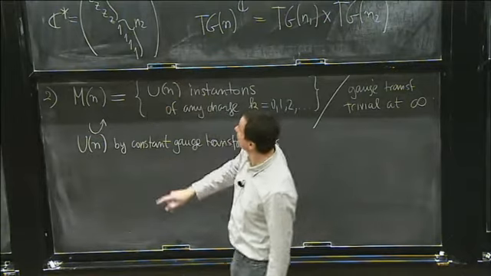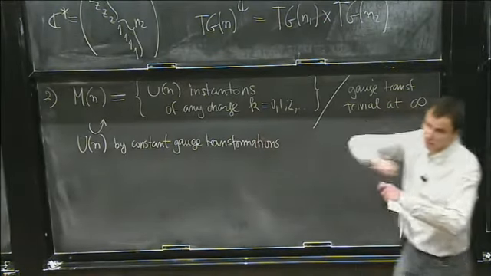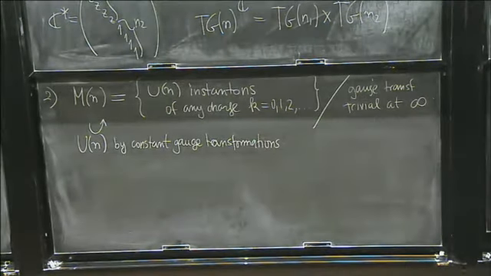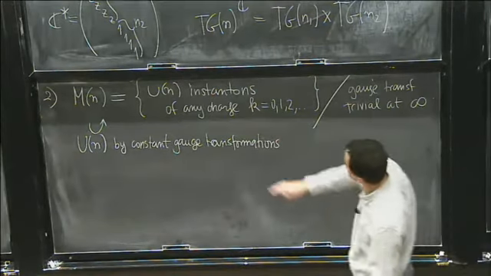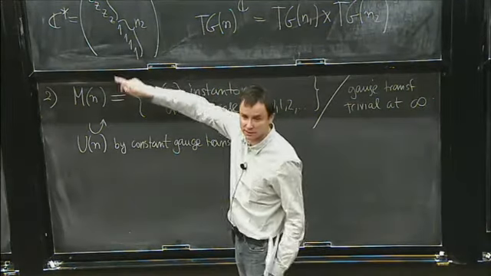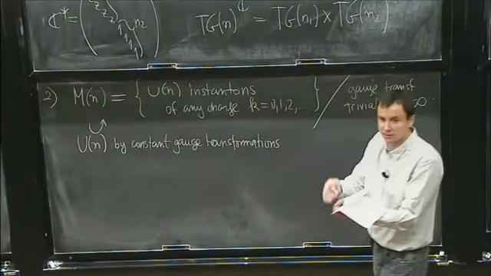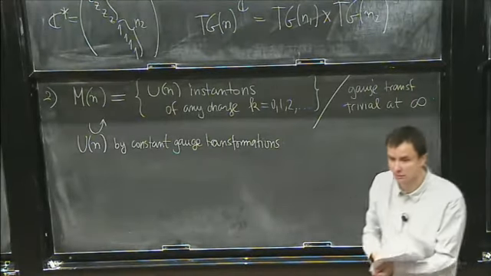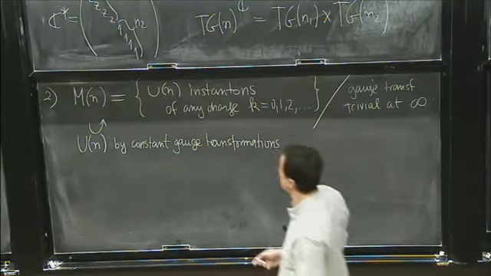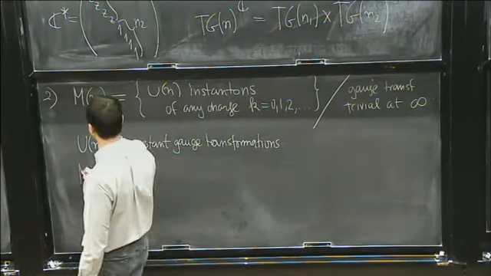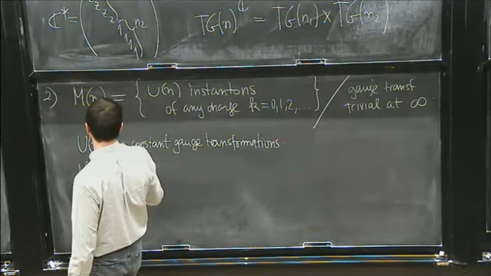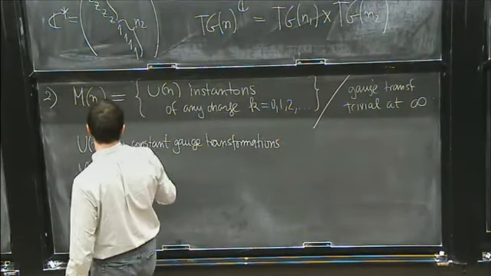If you have a connection that commutes with constant gauge transformations like this, then it has to be the case that the connection is reducible. It's a sum of two. So again, the fixed points stay a product.